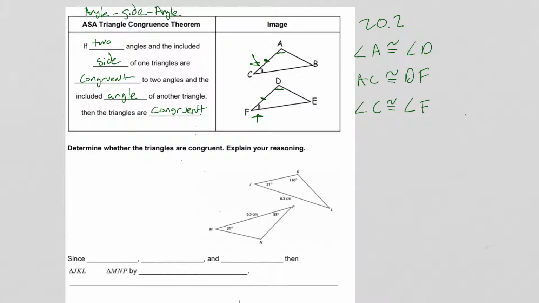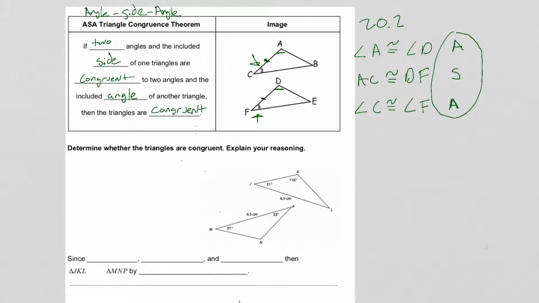And like the name says, here's an angle, here's its included side, and there's another angle that are congruent to each other, otherwise known as the angle-side-angle congruence theorem.